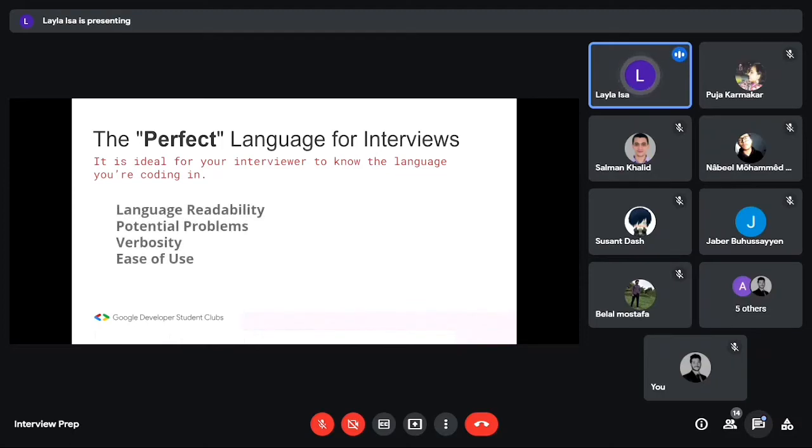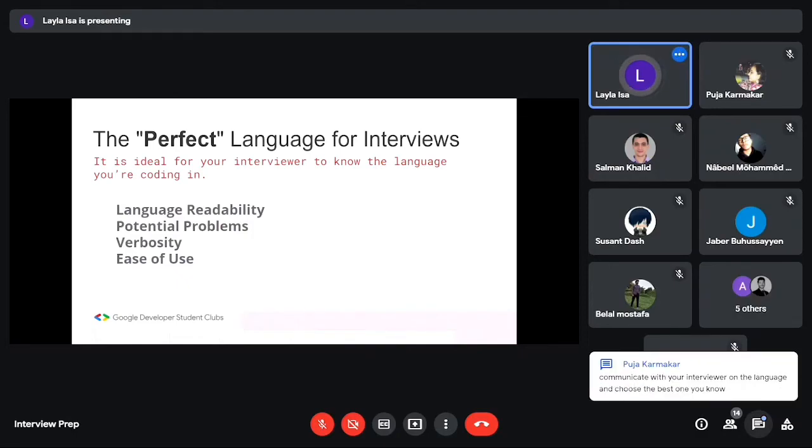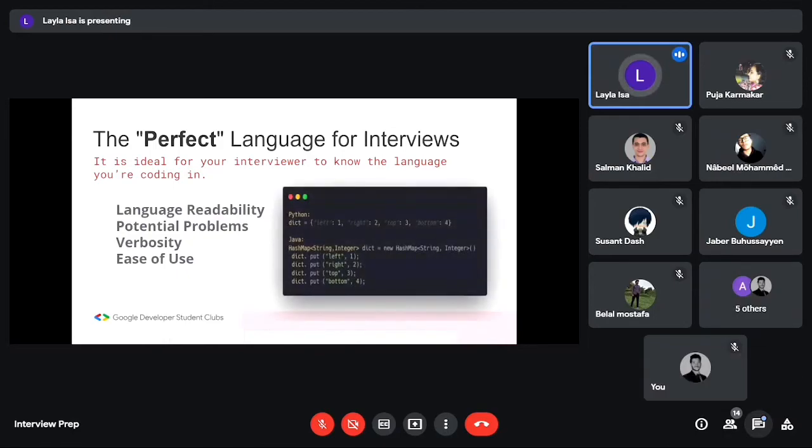For example, myself, I love JavaScript, and I'm proficient, but I kind of know how to use it, and I kind of know how to debug with it and write algorithms and everything. So if your preferred language is Java or maybe Python, use whatever you want. So here you see examples, Python and here Java.